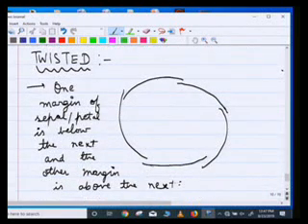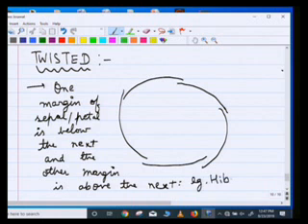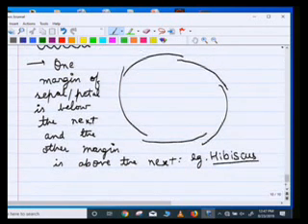Hibiscus is an example of twisted estivation.